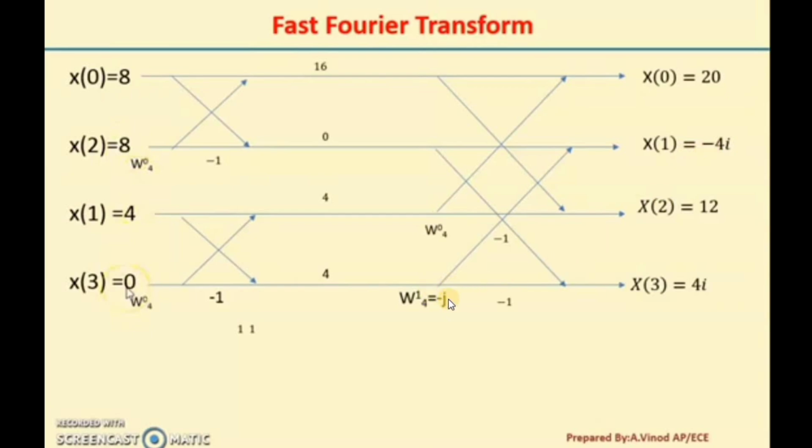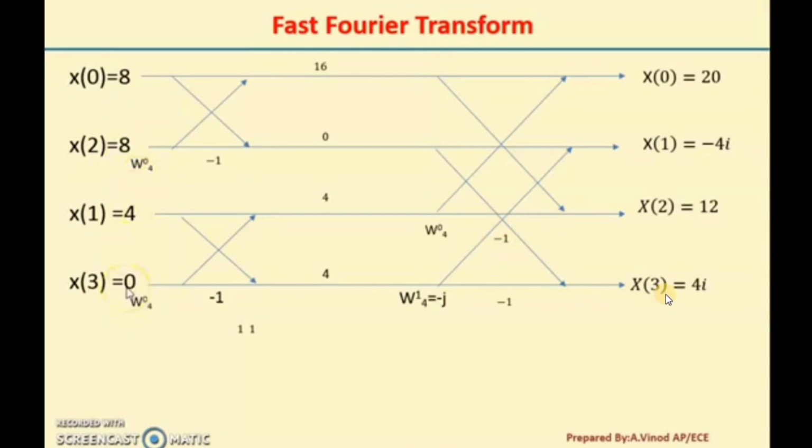And you have to multiply here. Here you have to multiply 4 by minus j, so it is nothing but 0 minus 4j. You will get minus 4j, or 4i. Here you can see at the base you will have minus 1, here you have minus 1, here also minus 1, and here also minus 1.